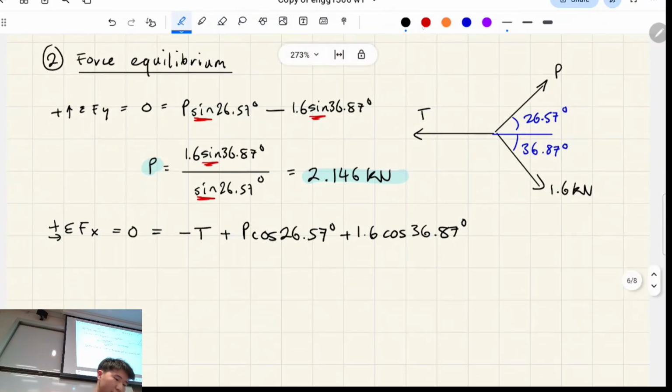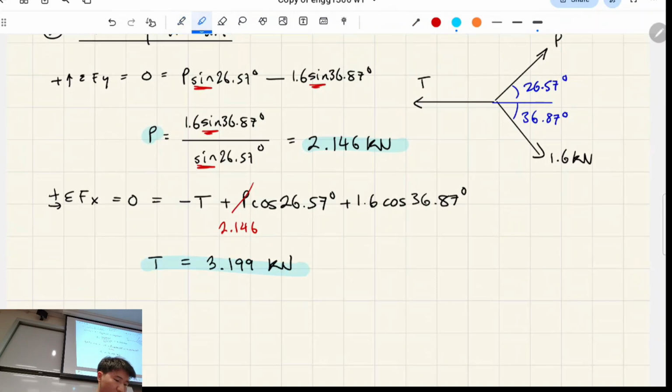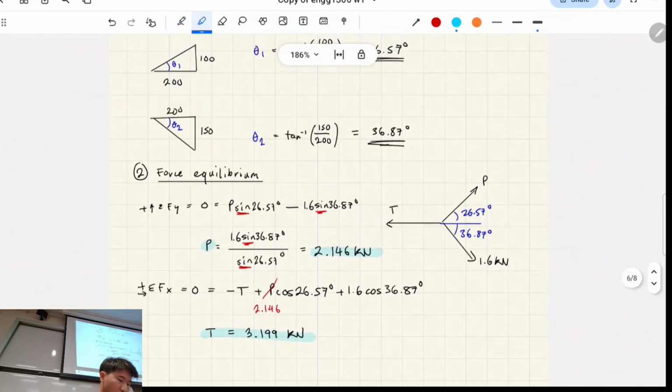Since we know P, I'm going to replace that with what we worked out in the last bit. Now we just move T to the other side, make it positive, and put this part in our calculator, and that gets that. So now we've solved the question, I think.